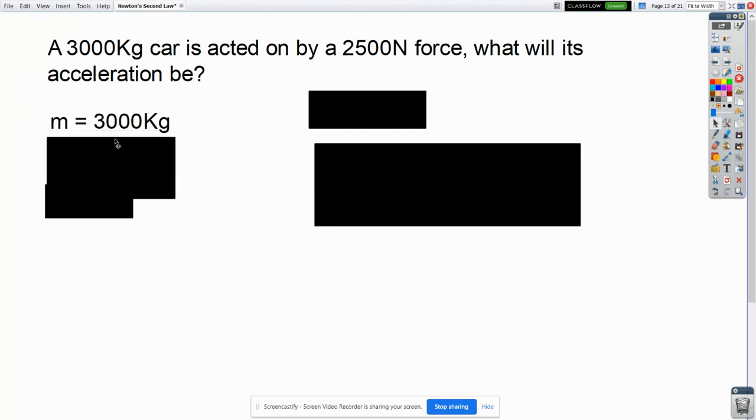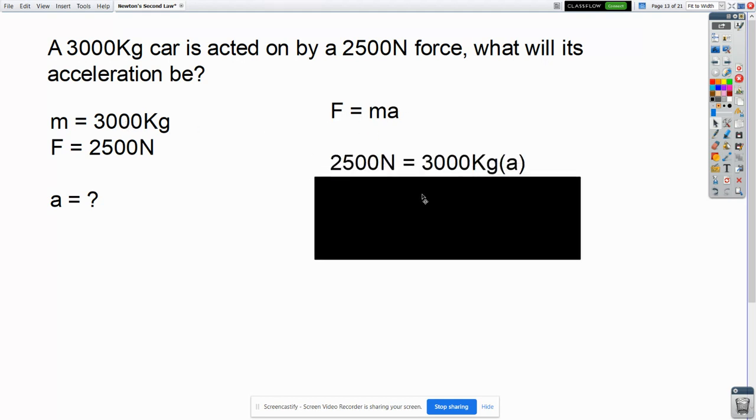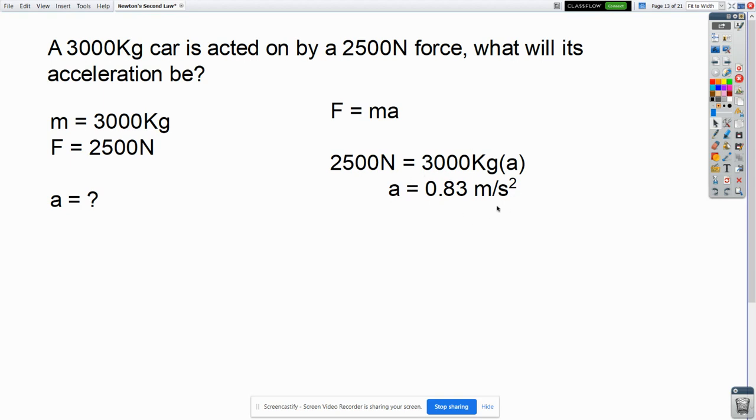Again, 3,000 kilograms is the mass, 2,500 newtons is the force, and we're looking for A. The 2,500 newtons goes in the place of F. The 3,000 kilograms goes in the place of m. To solve for A, we have to divide both sides by 3,000. So it's 2,500 divided by 3,000, which is 0.83 meters per second squared.